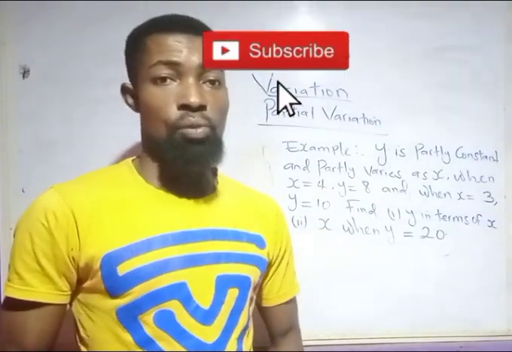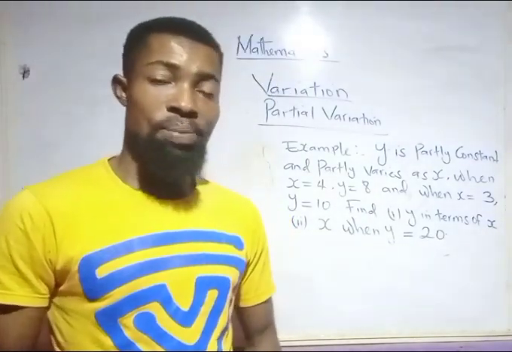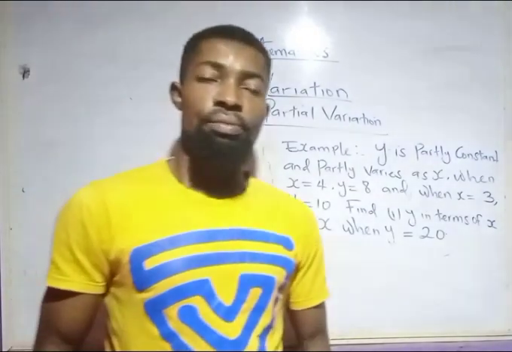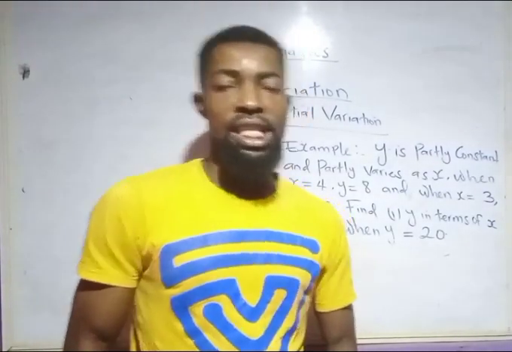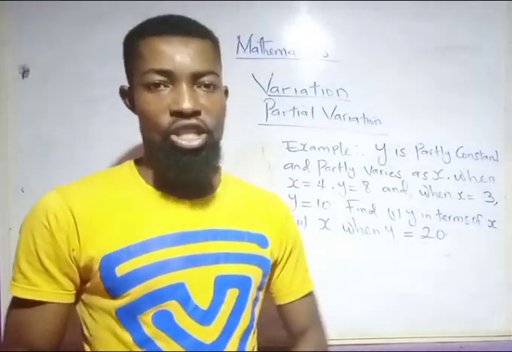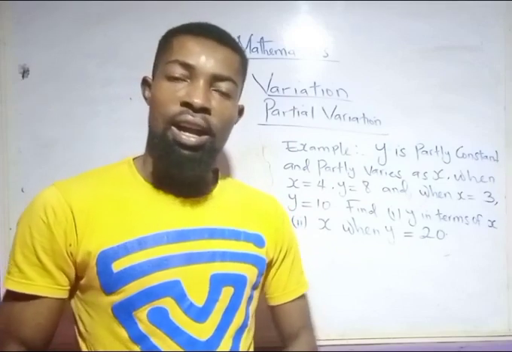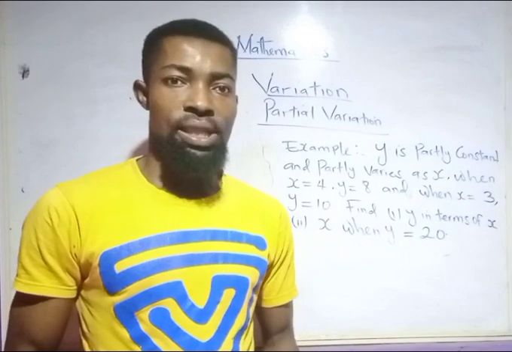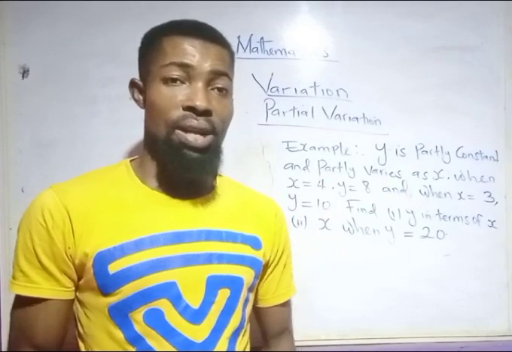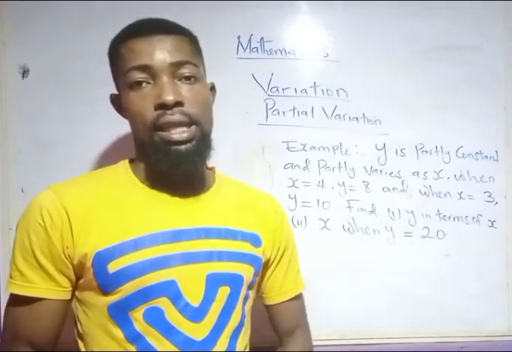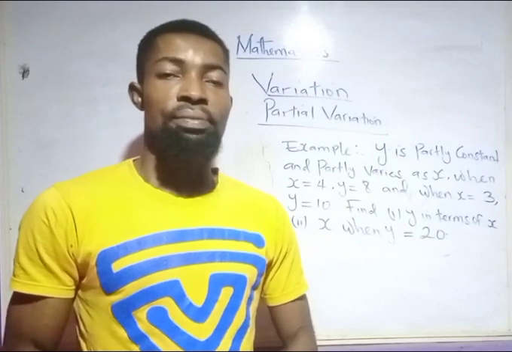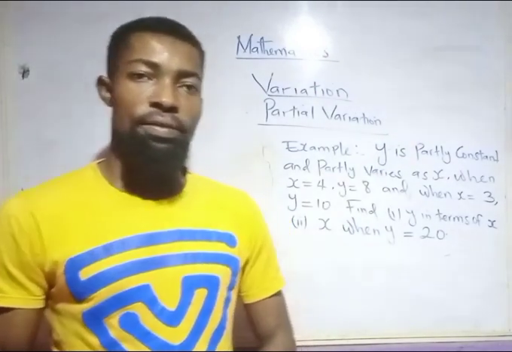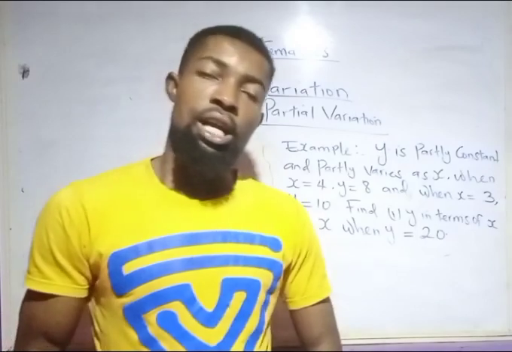In the previous video, I explained that direct variation is a direct relationship between two variables. It shows the relationship in terms of when one is increasing, another one is also increasing. And inverse variation is also a relationship that forms between two variables.